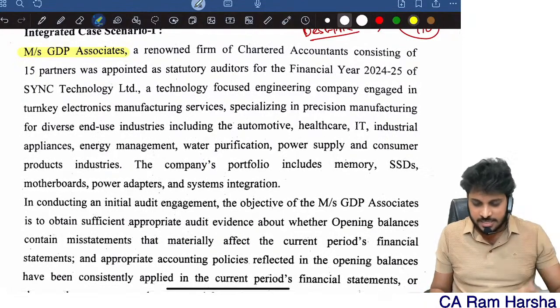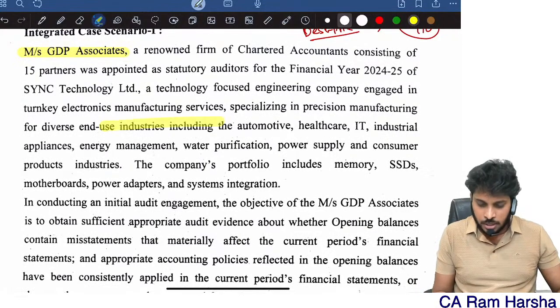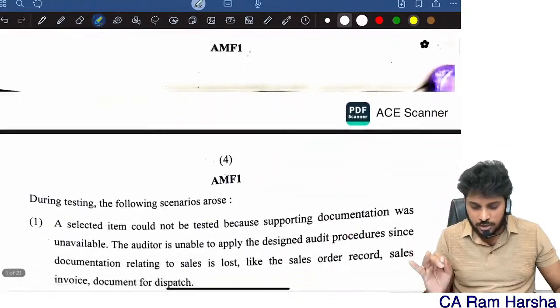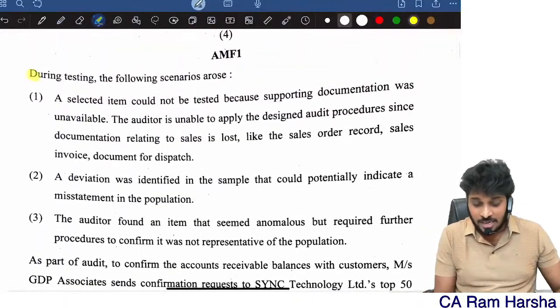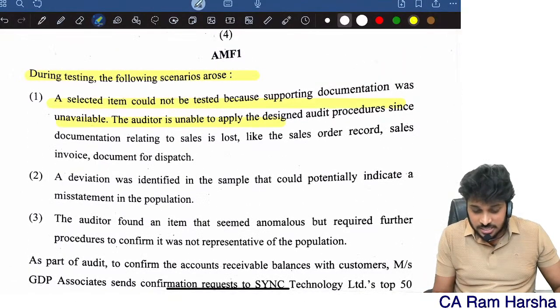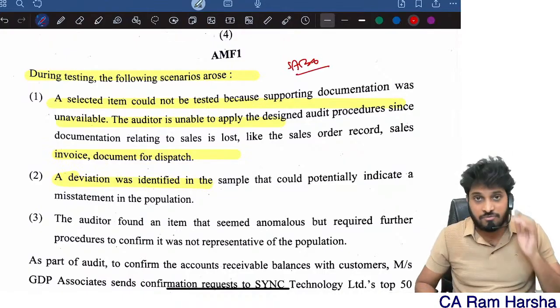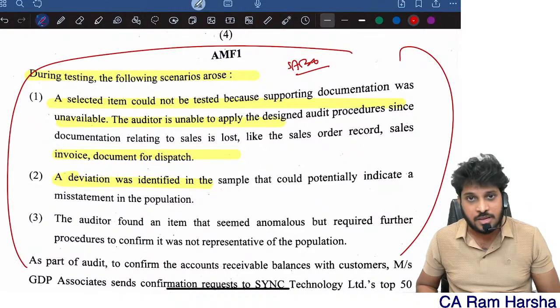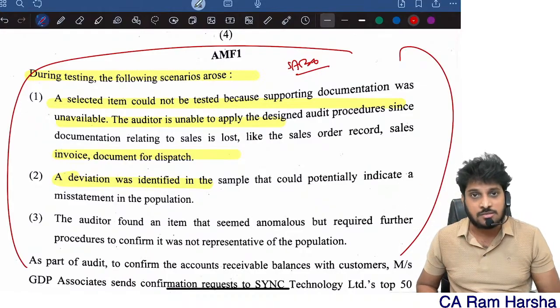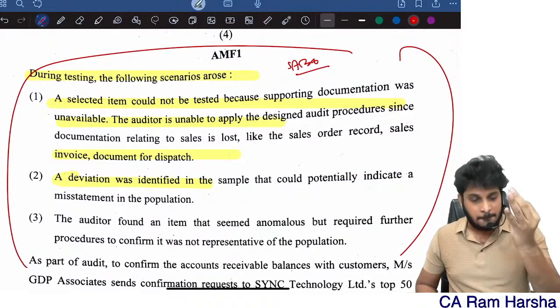First, there is a case scenario regarding portfolio, SD card, and so much more. The sampling-related question is CA Inter SA 530. We discuss this entire topic in depth in CA Inter: evaluation of sampling results, alternative replacement item, alternative procedure, misstatement, deviation.